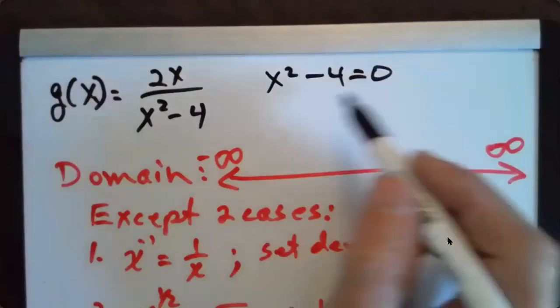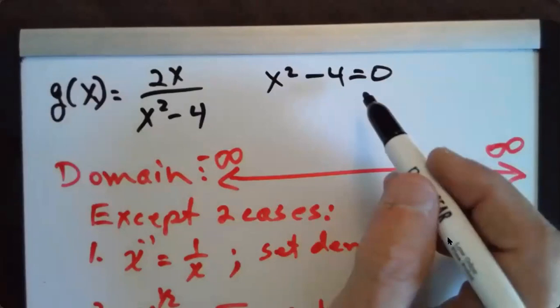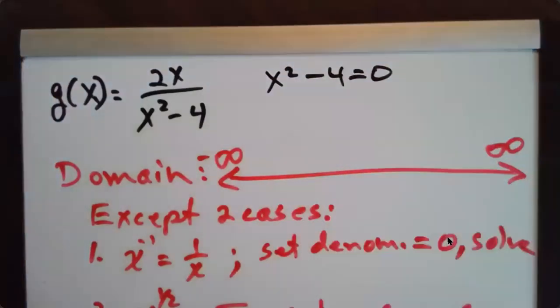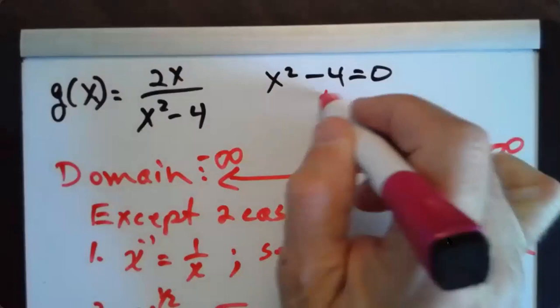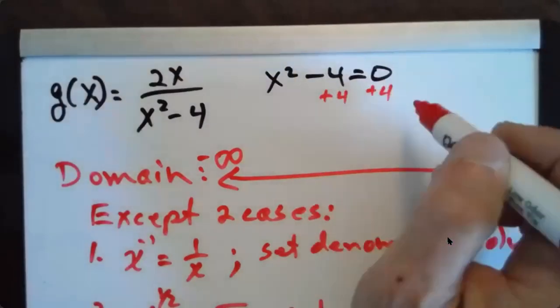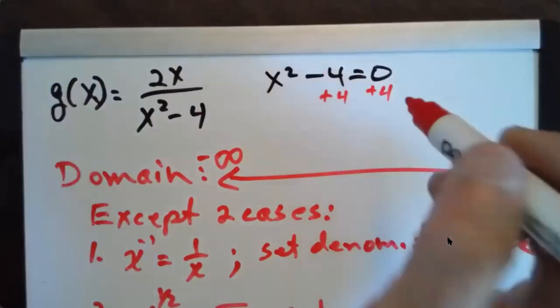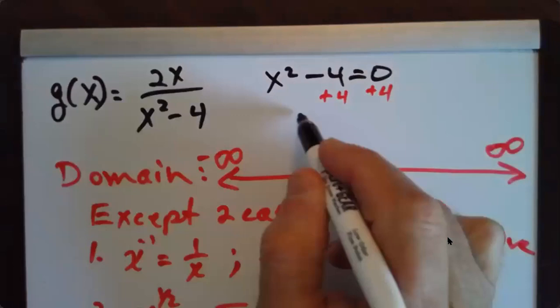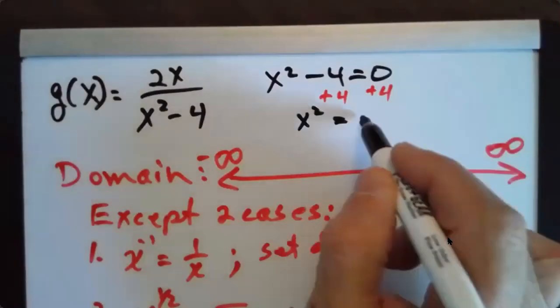You can either factor it or apply the square root method here. We'll go ahead and use the square root method. We solve for x squared: we add 4 to both sides, and we get x squared equals 4.